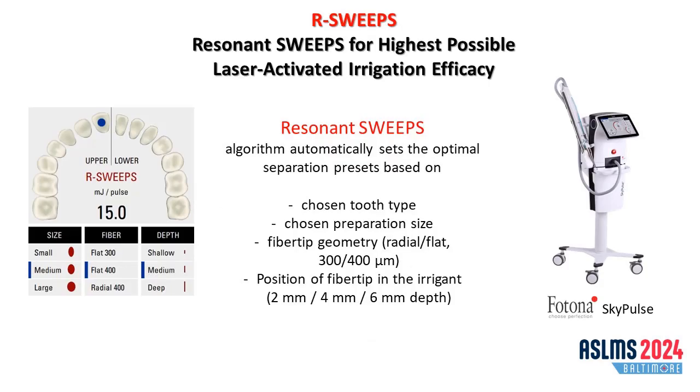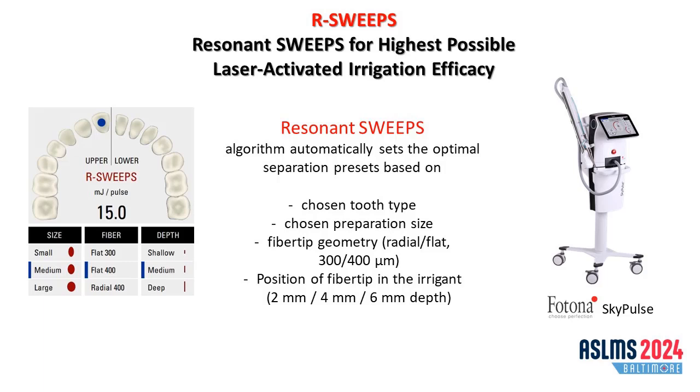So this is a challenge, and Photona solves this challenge in two ways. One is that we carried out extensive research of the different root canal geometries, sizes, and so on, and developed algorithms to predict what will be the cavity oscillation time, what will be the right timing.